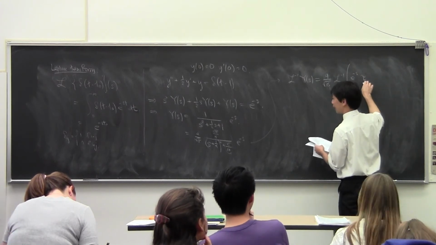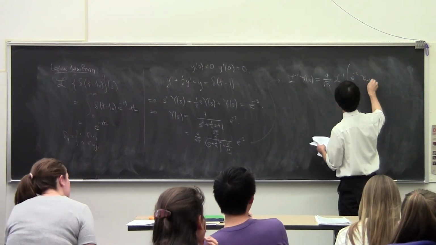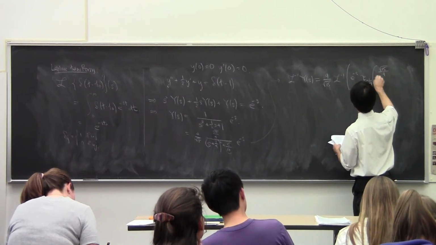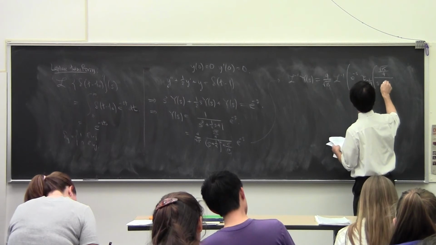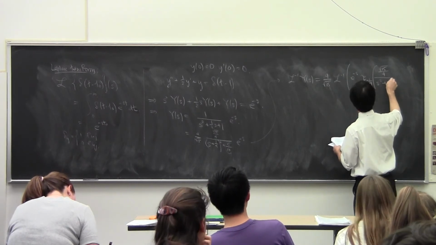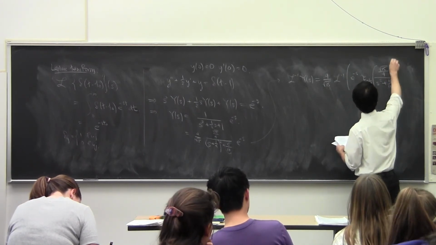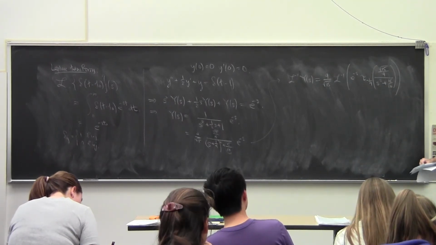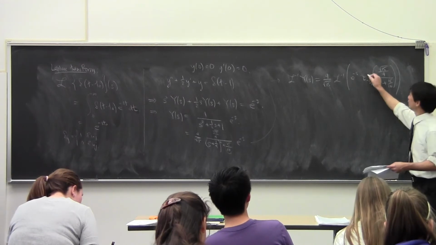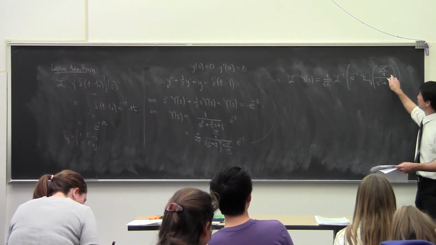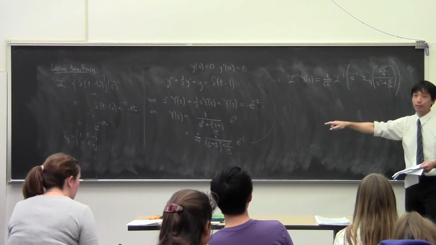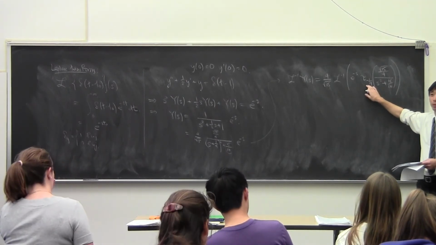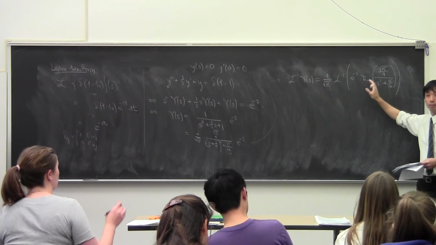I'm going to write it like this, tau sub minus a fourth of root 15 over 4 over s squared plus 15/16. I'm taking the shift out. I'm writing in terms of the shift.